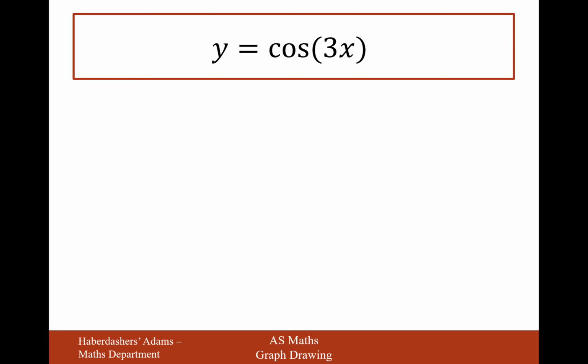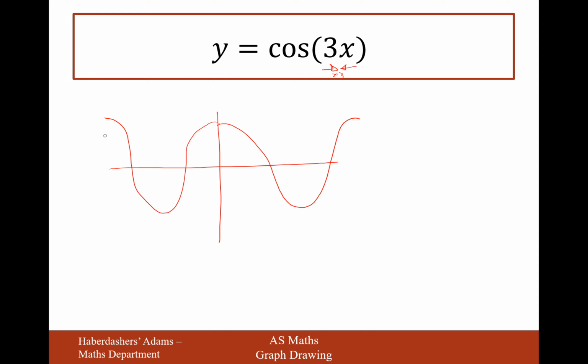Moving on to the next one, cos of 3x. Well, this is going to be the cos graph, but it's going to be squished inwards by a scale factor of 3. So let's draw the original cos graph. The original cos graph would go like that, and then like that. So minus 360, minus 270, minus 180, minus 90, 0, 90, 180, 270, 360.